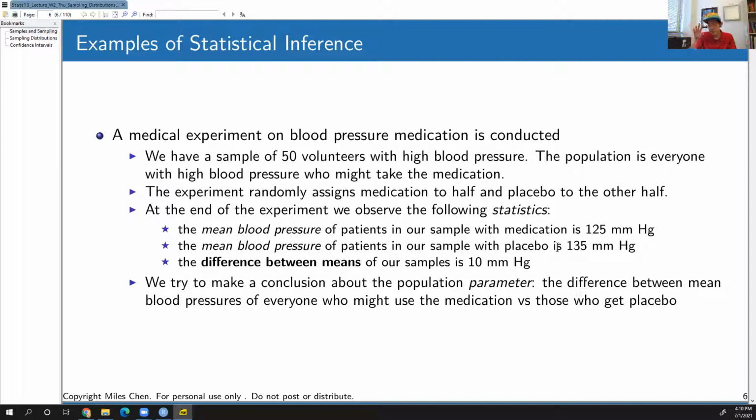We're looking at our sample. These are the people who participate in our experiment. And we're hoping to make conclusions that generalize to the general population, which is everybody who maybe has high blood pressure. So we want to make conclusions about the parameter, which is going to be the difference between those who take the medication and those who take placebo.